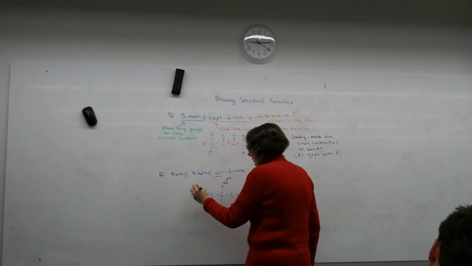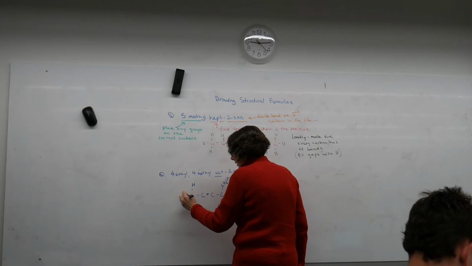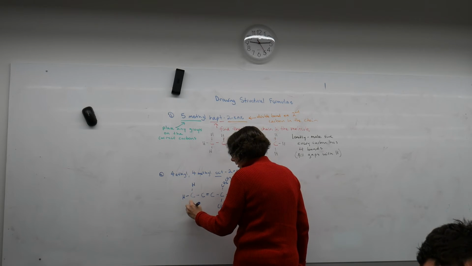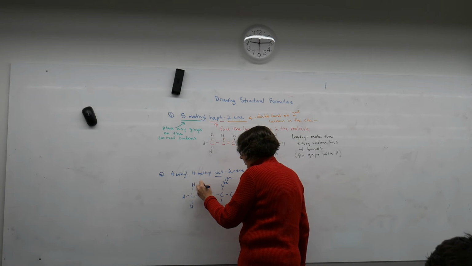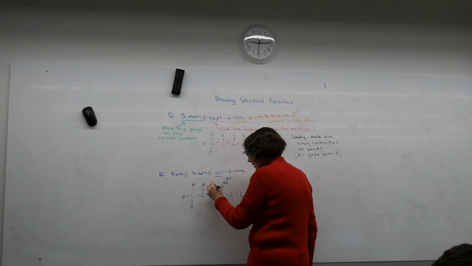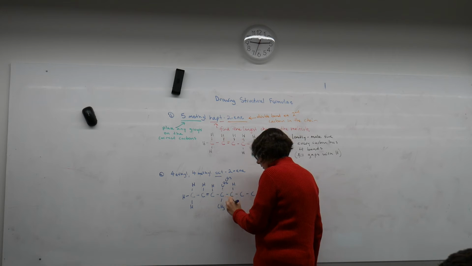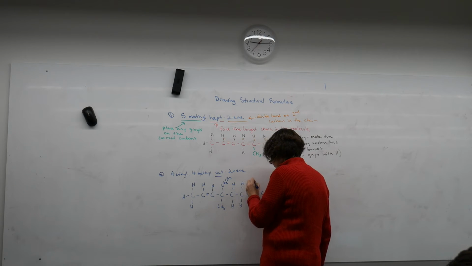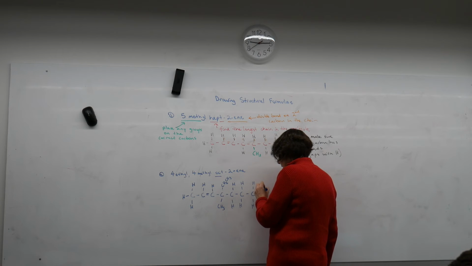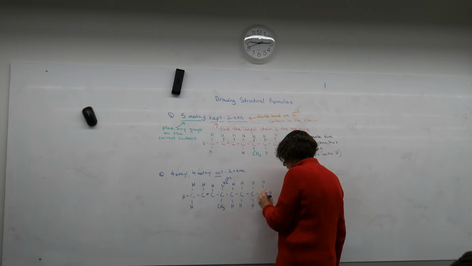Okay, and so our last thing was to go around and make sure every carbon had 4 bonds. So like I said, be careful and count to 4, because a very common error is for a carbon to end up with 5 bonds.